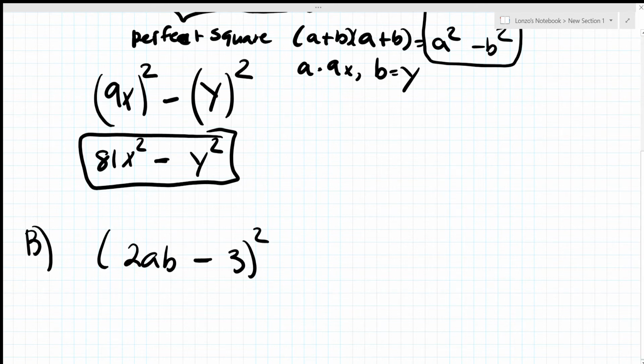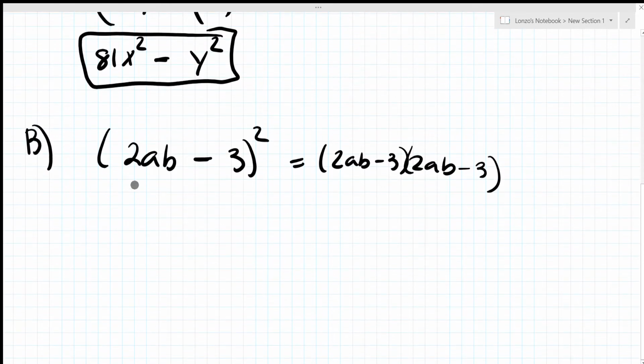We're not factoring. What you can do is the long way: 2ab minus 3 times 2ab minus 3, and then you FOIL it out. Or you could do the shortcut way, which I'm going to do.